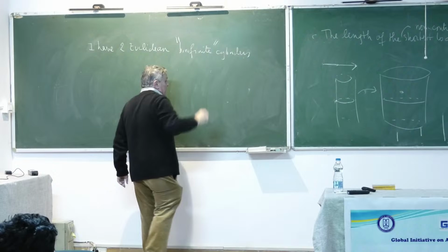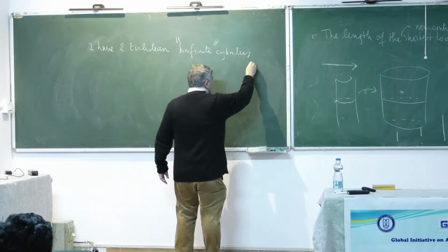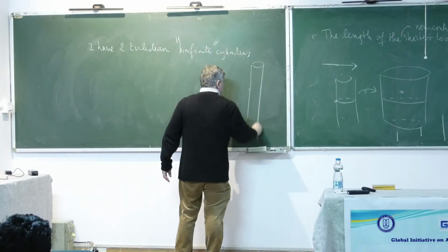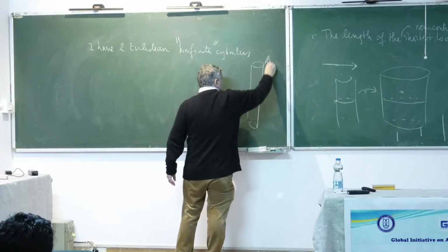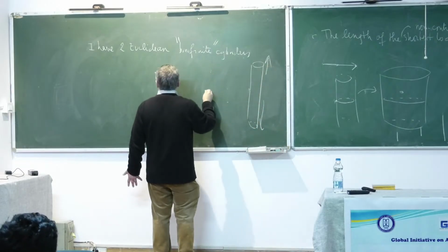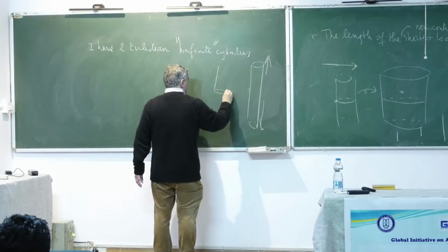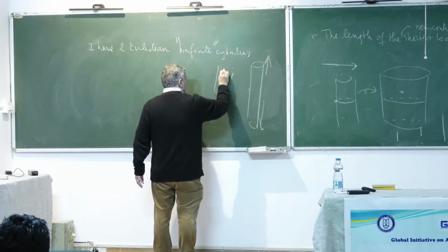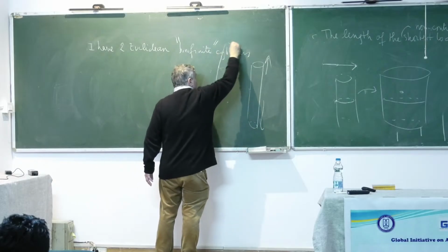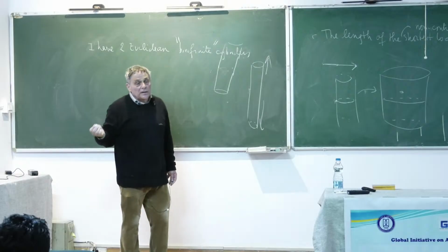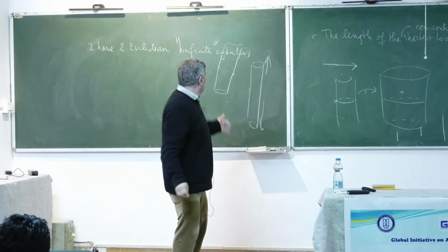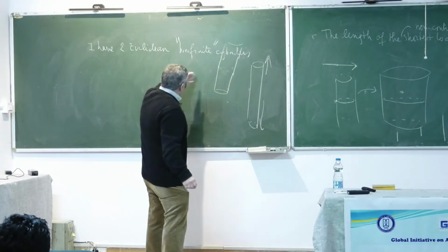Let me not explain everything, but bi-infinite means that it's infinite from this side and from this side, because I could also have a non-compact cylinder which is open here and infinite from this side, and it would also be a non-compact cylinder.